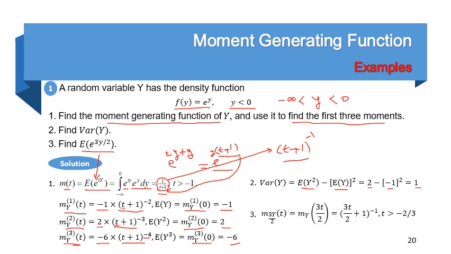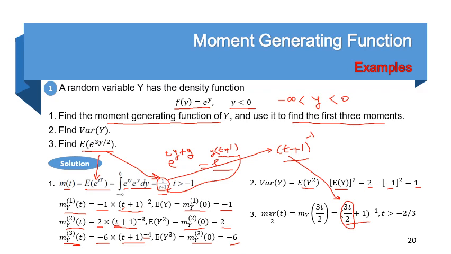So all what you have to do, get the moment generating function which is here and replace the t by 3 over 2. So we got the mgf, which is the bracket power negative 1, and we replace the t by 3 over 2 t. So this is what we got. Look, we replace this bracket, replacing the t by 3 over 2 t, and still plus 1 power negative 1.